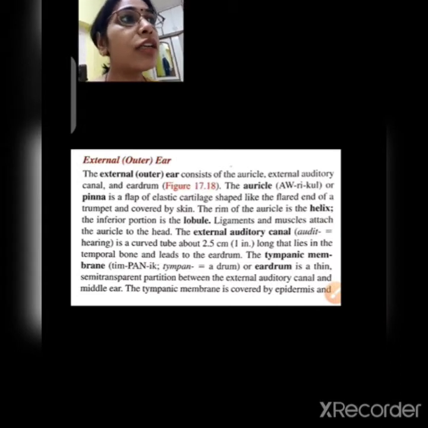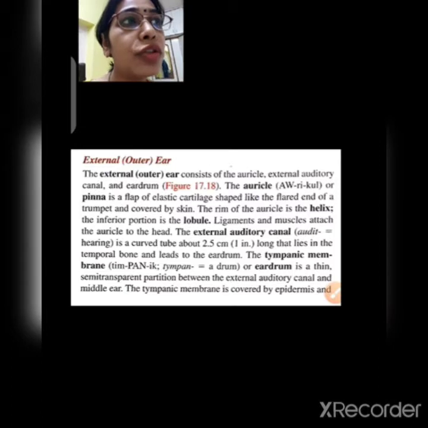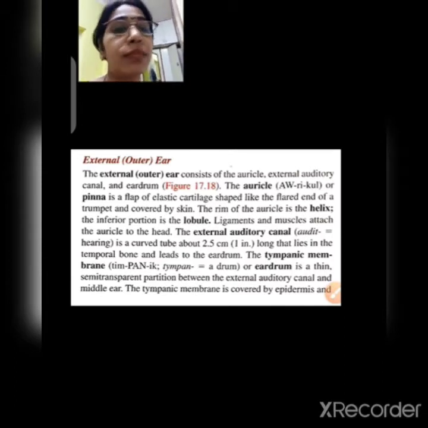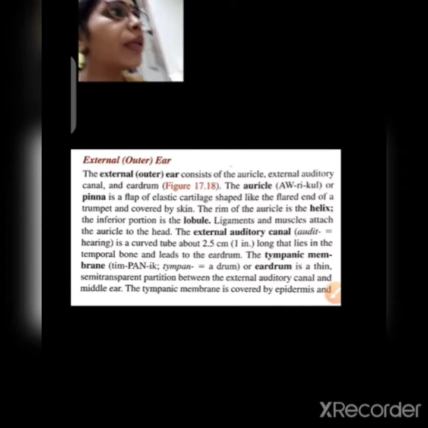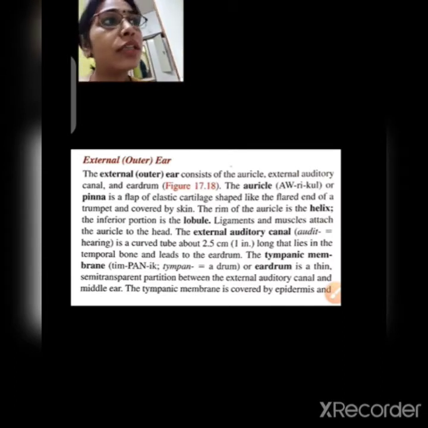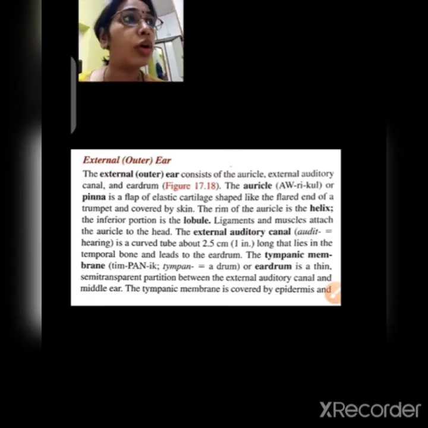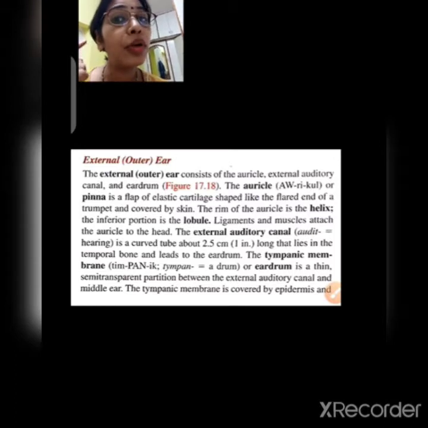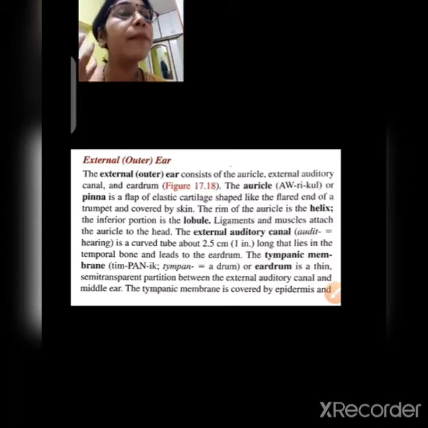The external auditory canal is a curved tube about 2.5 centimeters long that lies in the temporal bone and leads to the eardrum. You can see the external acoustic meatus when we are studying the cranium.